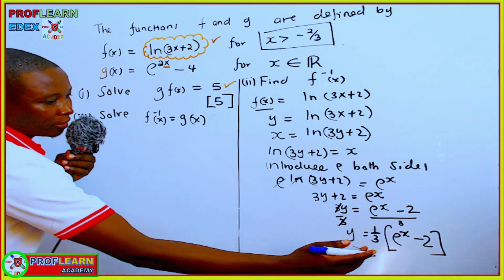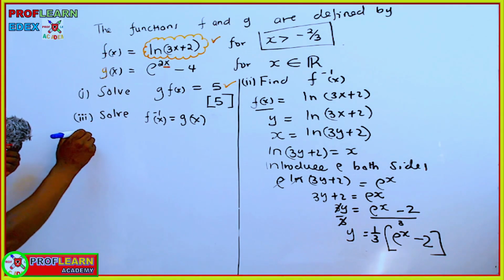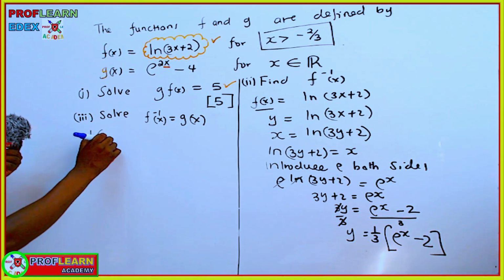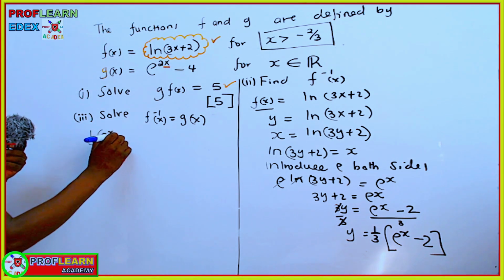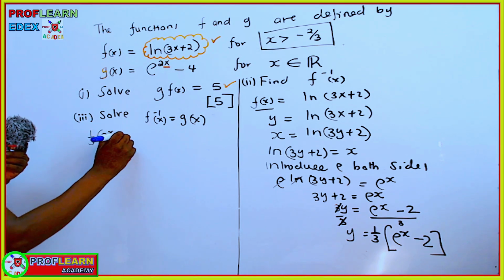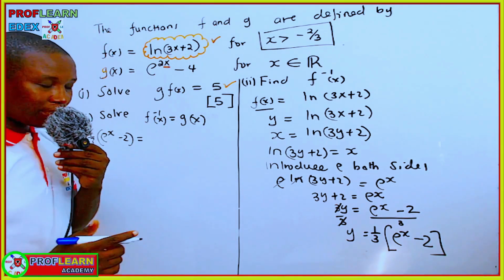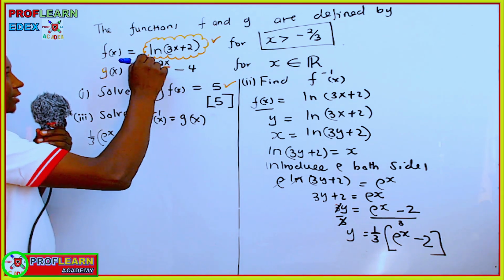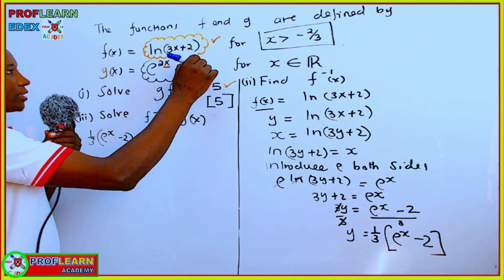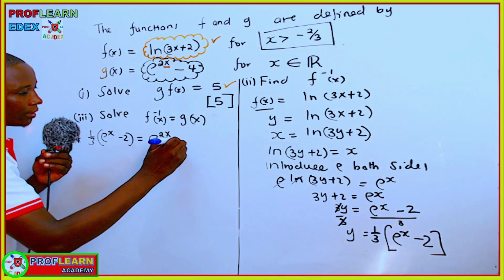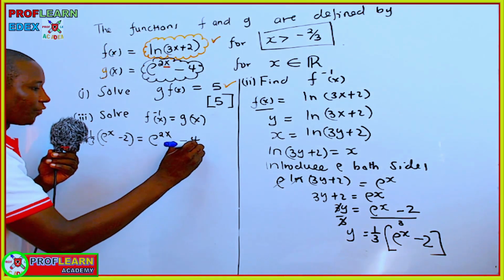We have gotten that this part here is 1 over 3 into bracket e to the power x minus 2, and we equate that to g of x. Our g of x is e to the power 2x minus 4.